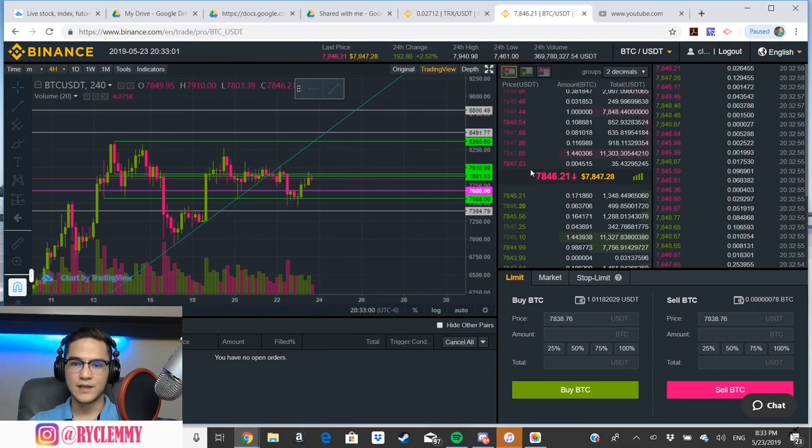Now, you're going to see this red section here and this green section below, as well as a combination over here on the right. This top section is going to be called the ask orders. These are orders where people are attempting to sell their Bitcoin for this price. For example, someone is asking for $7,847.83 for Bitcoin.